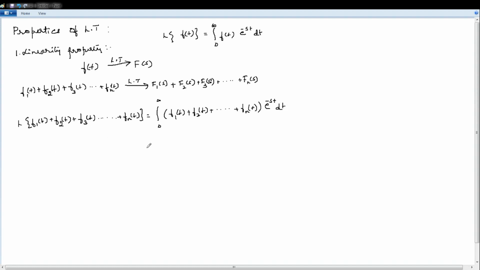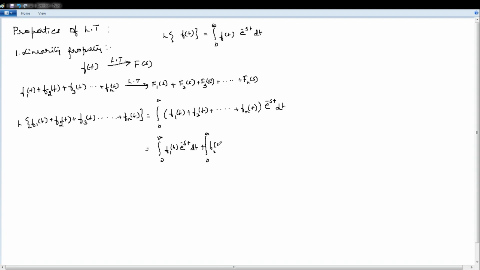As simple as that. Now if I take the e power minus st dt term inside the bracket and split the integral, I will get integral 0 to infinity f1 of t e power minus st dt, plus integral 0 to infinity f2 of t e power minus st dt. It is a sum of integrals, so I can take the integrals to individual terms.